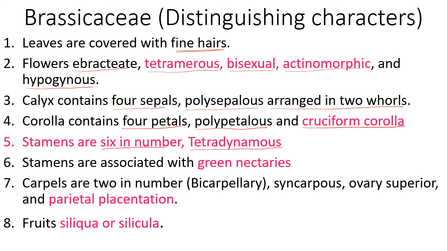Stamens are associated with green nectaries. Carpels are two in number, that is bicarpellary, syncarpous, ovary is superior with parietal placentation, and the type of fruit is siliqua or silicula.